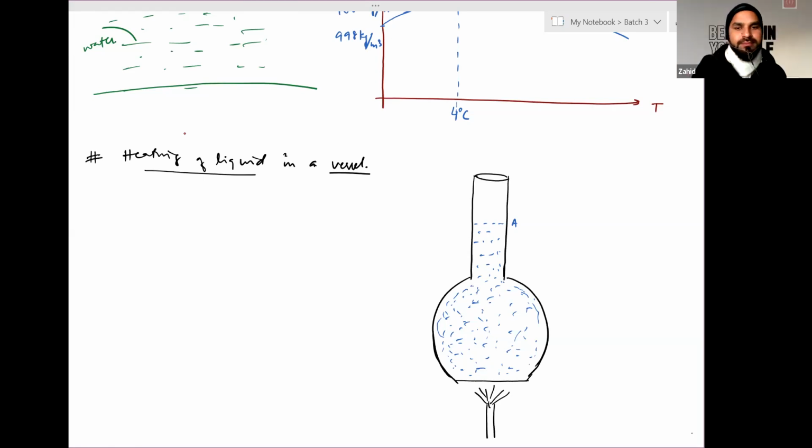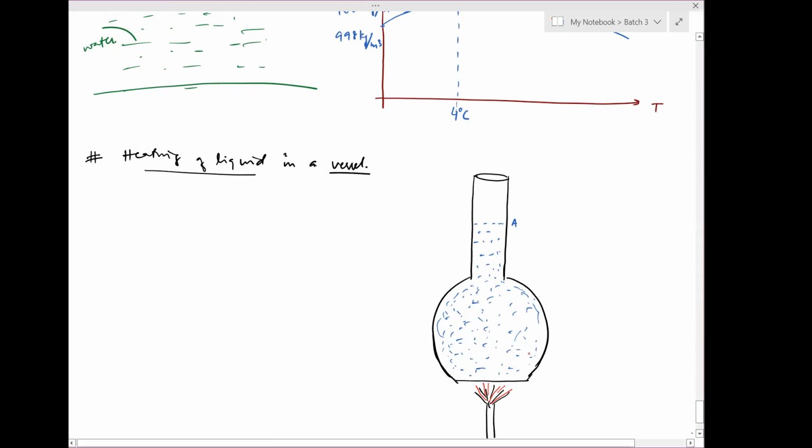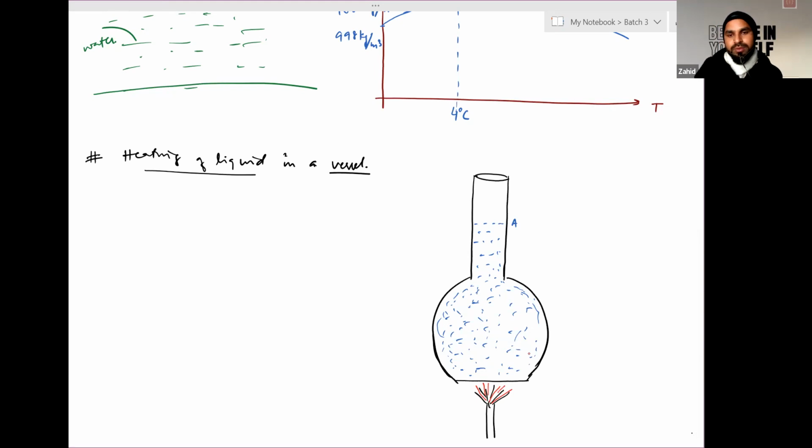Just think, on heating on this particular burner, we have two different materials in this part. One is the vessel and the other is the liquid. So which one of them will get heat first? Vessel or liquid? Vessel. So everything on heating will expand first. Which will expand first? Vessel. So if the vessel expands, will the level of liquid increase or decrease?